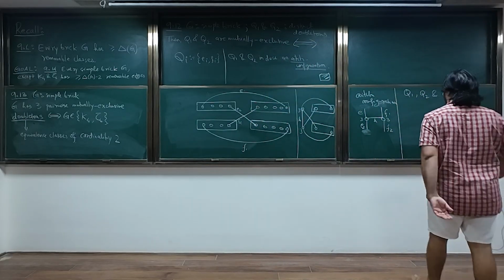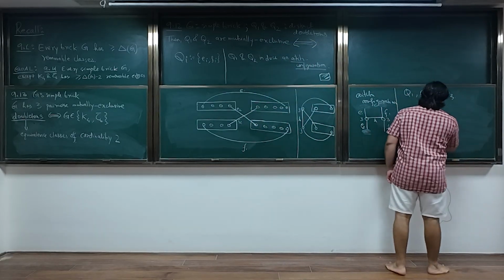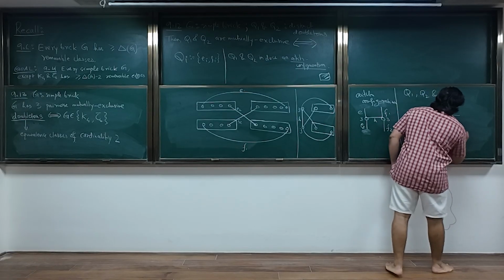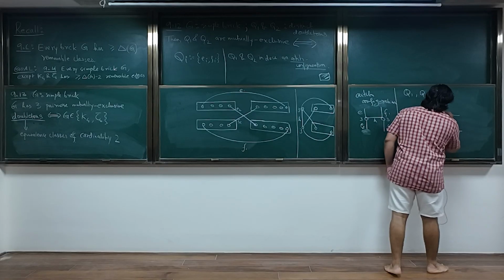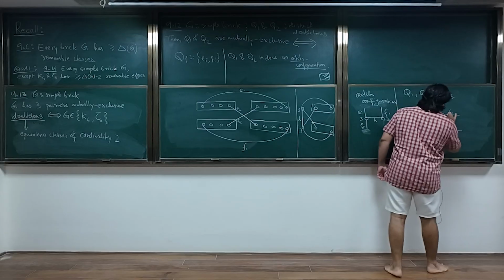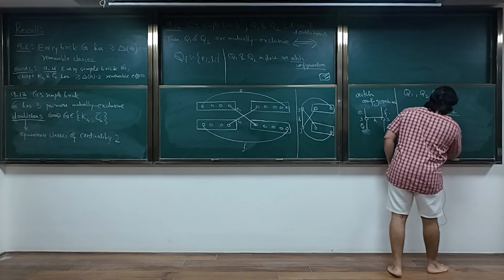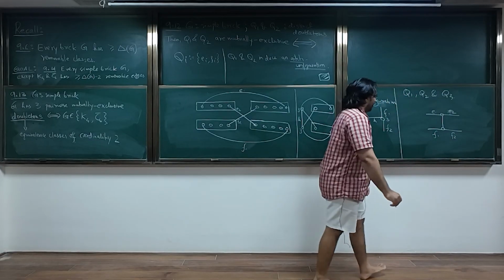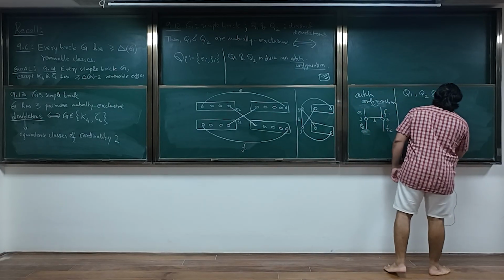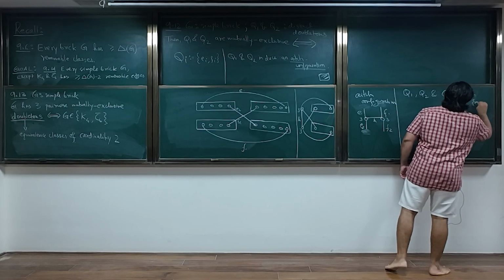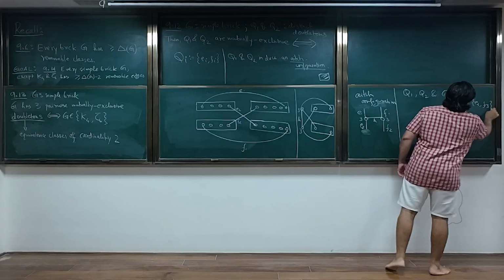If I apply this lemma for Q1 and Q2, maybe I'll draw the H like an inverted H now. This is my edge E1, this is my edge F1. So this is not F1, this is E2, this is F1, this is F2. I have applied it to Q1 and Q2. And Q3 is the third doubleton, E3, F3.